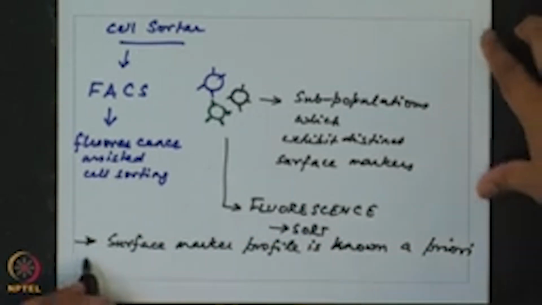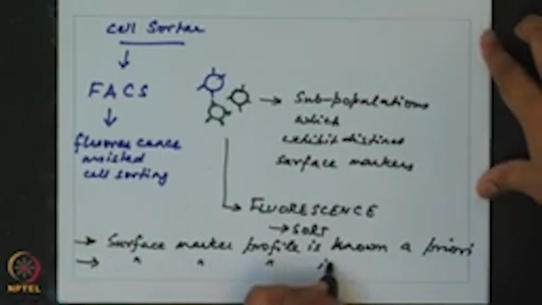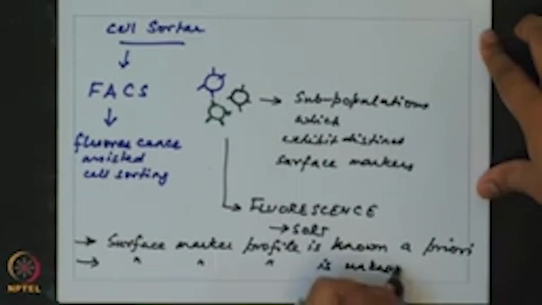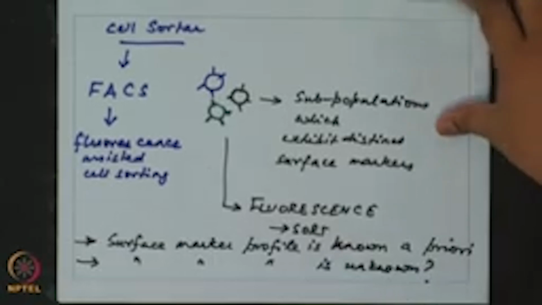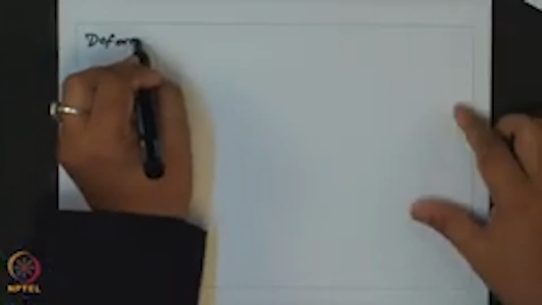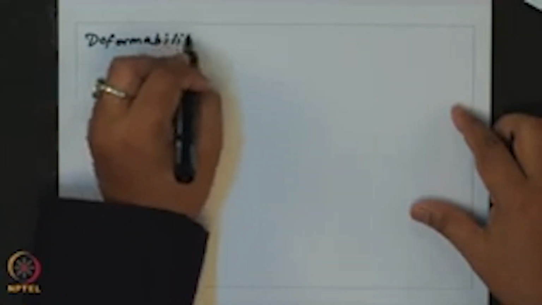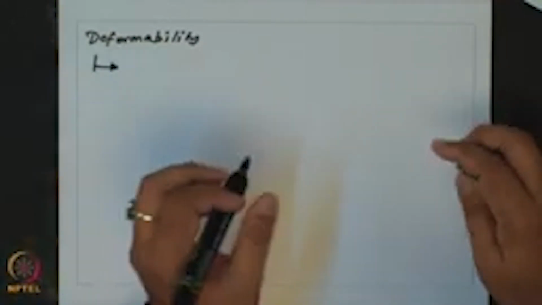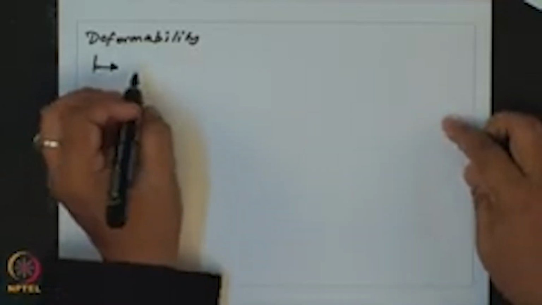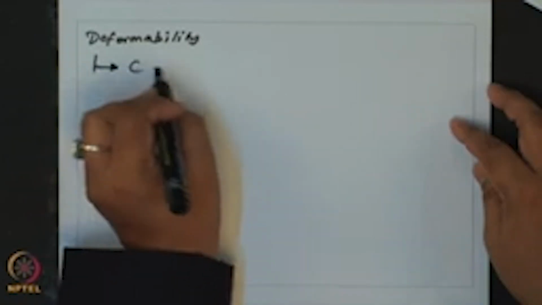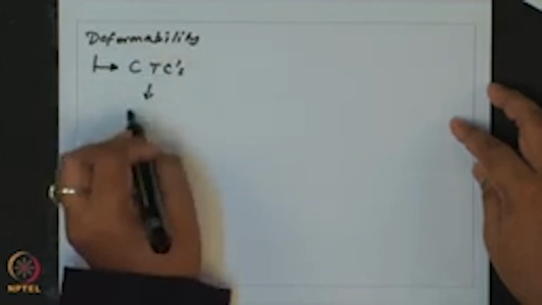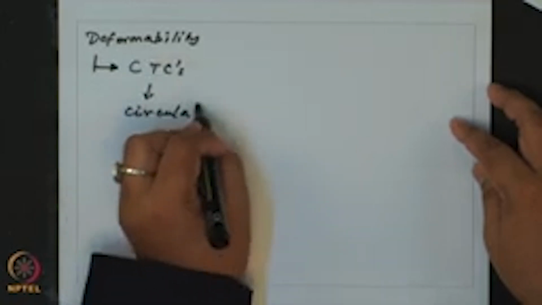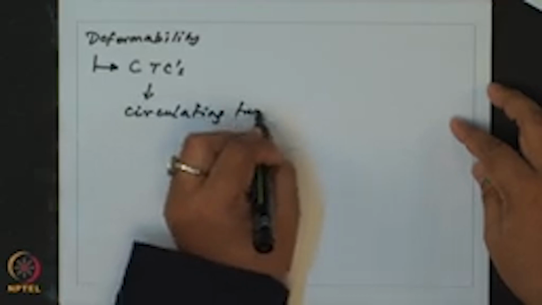Okay. But what if your surface marker profile is unknown? Instead, what you perhaps have is information pertaining to their deformability. As an example, we know in cancer there is a population of cells called CTCs, short form for circulating tumor cells.